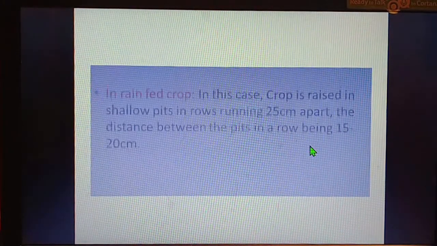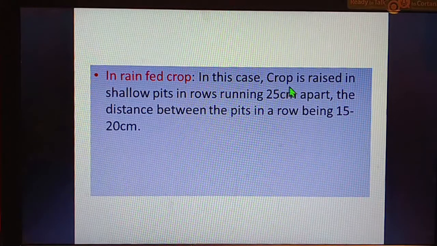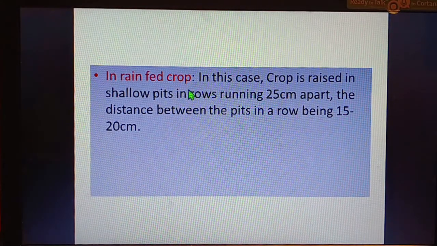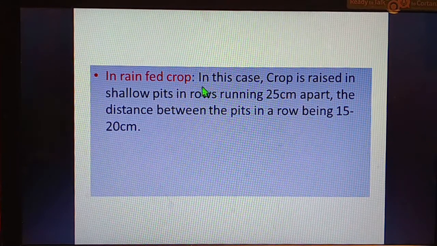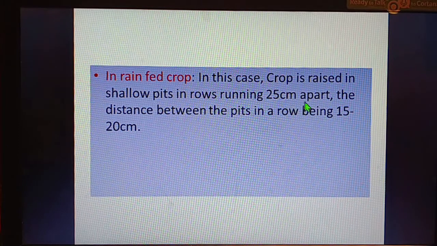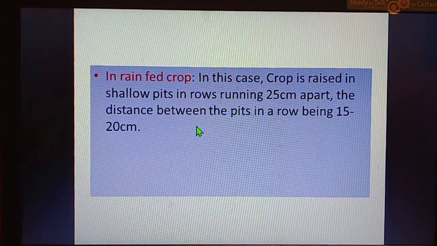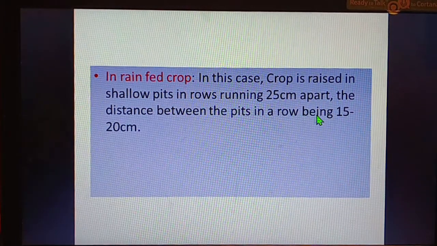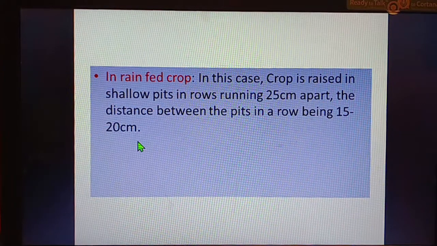In the case of the rain-fed crop, the crop is raised in shallow pits. Just remember that the rows where the crop is to be cultivated should be 25 centimeter apart, and the distance between each pit in a row is 15 to 20 centimeter.